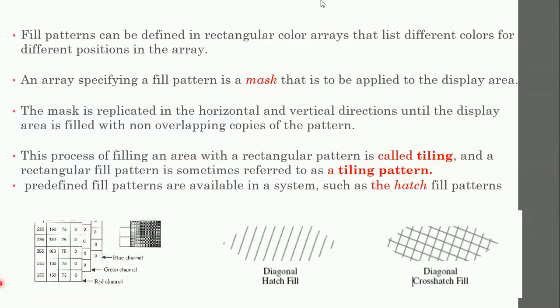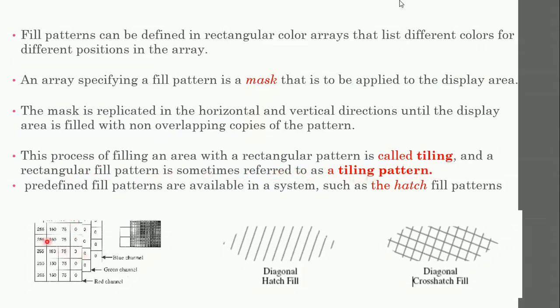If you have a rectangular pattern and replicate it one by one, this process is called tiling. Remember, there will be non-overlapping copies. Like tiles kept on a floor, they should not overlap, so the tiling pattern will not have overlapping copies. A rectangular fill pattern is sometimes also referred to as a tiling pattern.